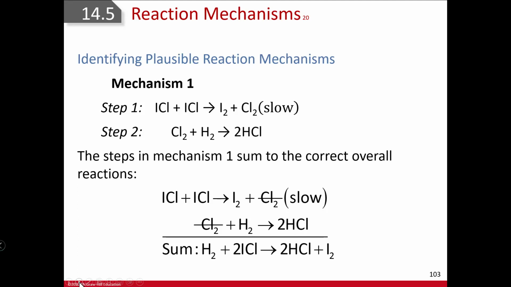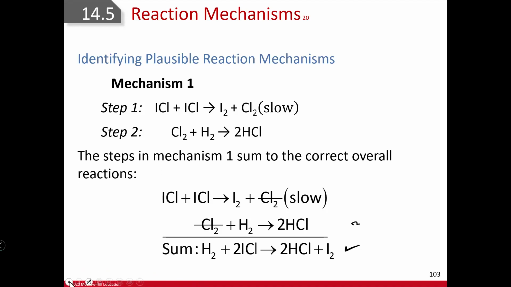So when we add the first step and the second step together, we get the sum, the overall equation, and the overall equation actually looks pretty good, right? You say, "Oh yeah, that fits right in with what we've been talking about." Here's the balanced chemical equation.